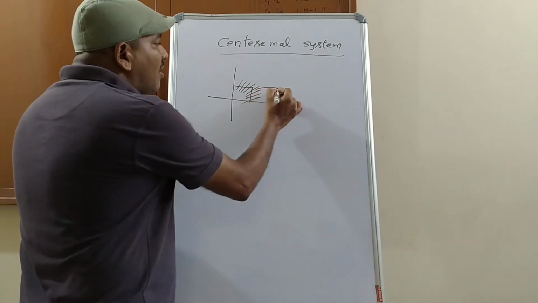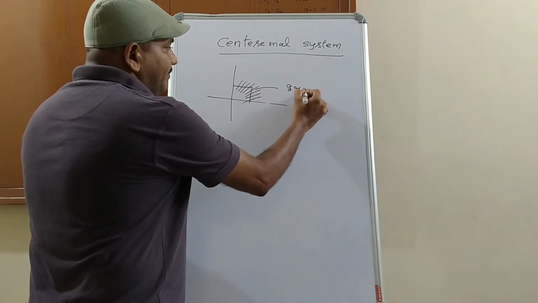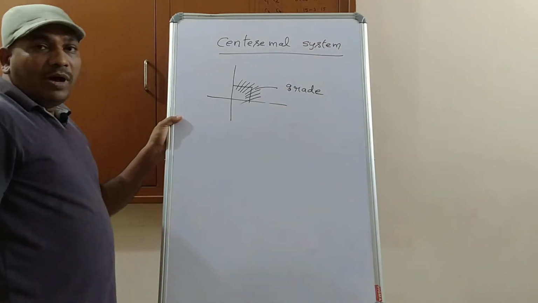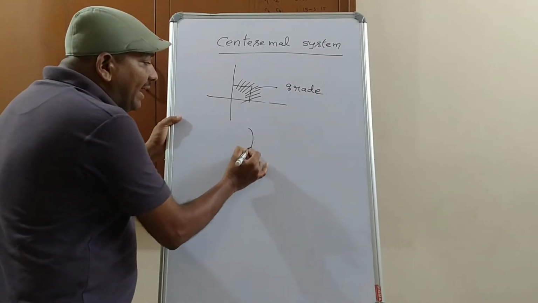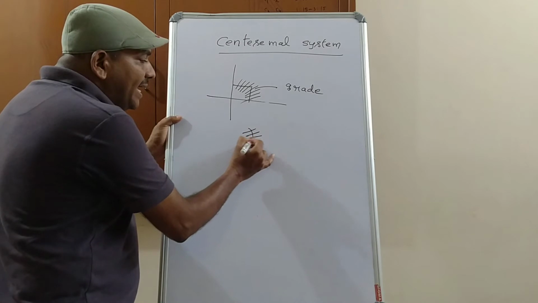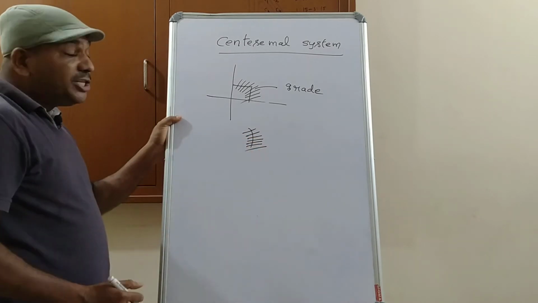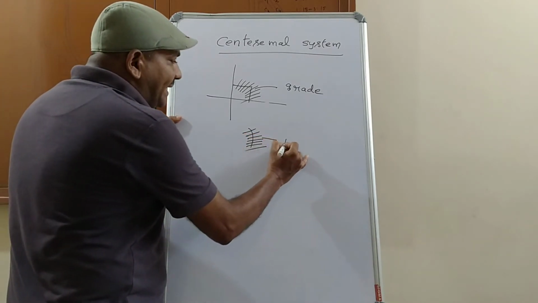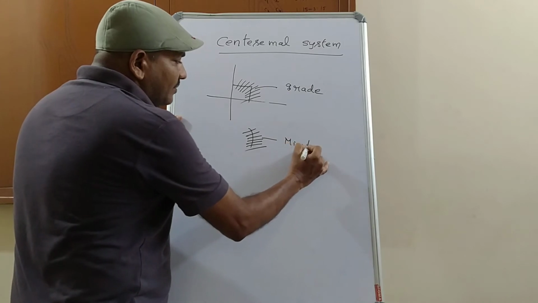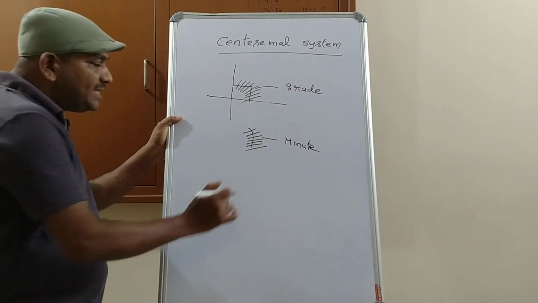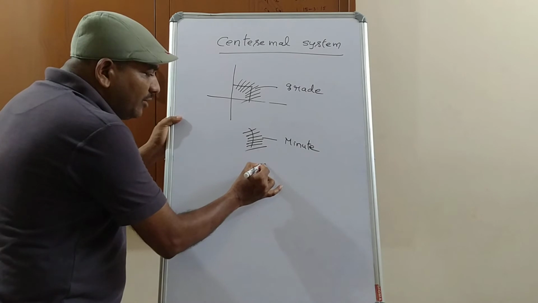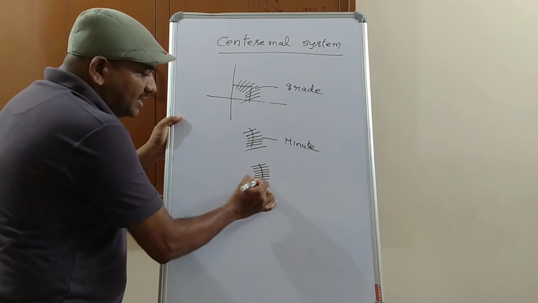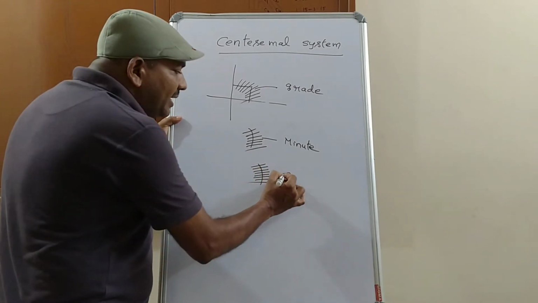Each part is called grade. One grade is divided into 100 equal parts. Each part is called minute. One minute is divided into 100 equal parts. Each part is called second.